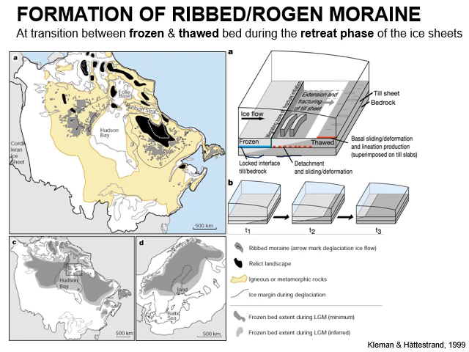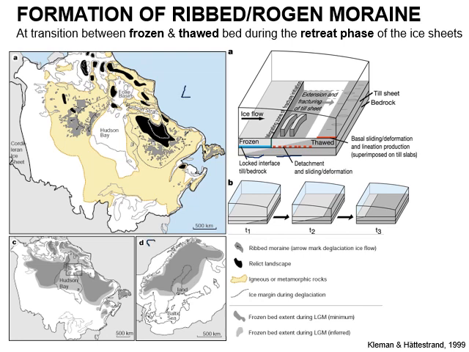So there's extensional flow in the thawed bed where sliding is possible, whereas there was no sliding possible over the frozen bed.